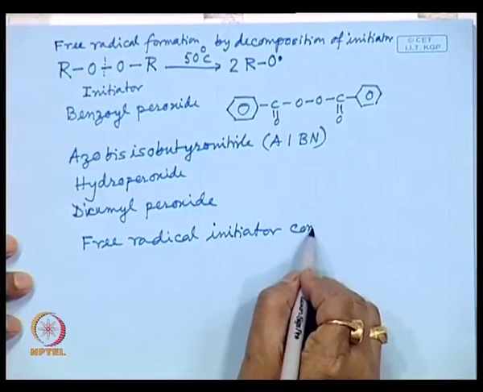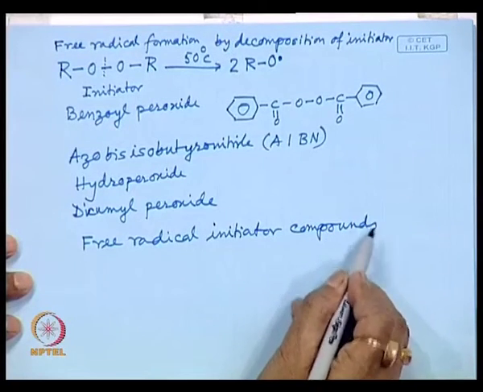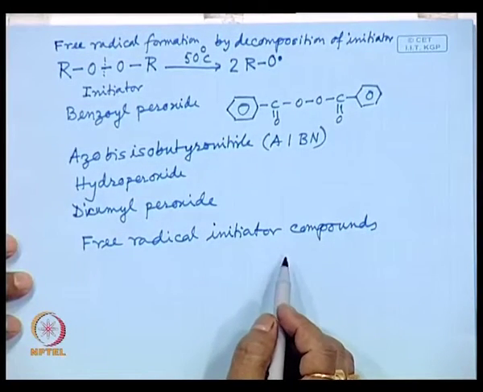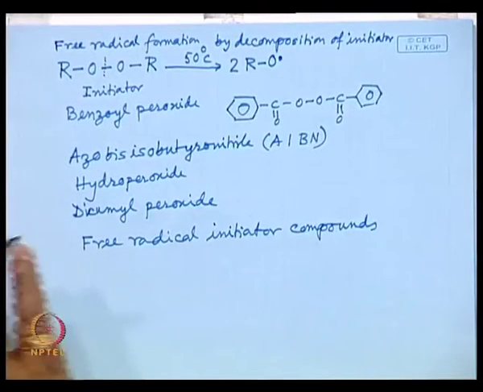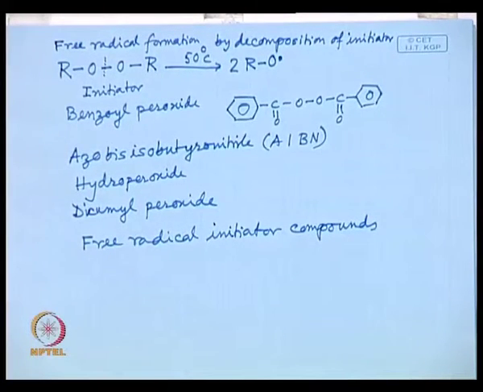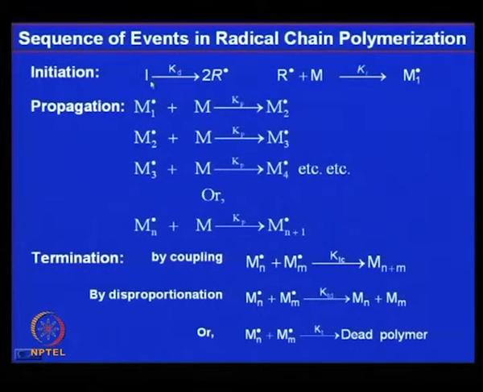Now, this initiator molecule, if that is designated by this I, decomposes thermally. So, temperature might be 50 degree, 60 degree, 70 degree, 75 degree, 80 degree. Their decomposition temperatures are different for these compounds and they have certain half lives. Okay.